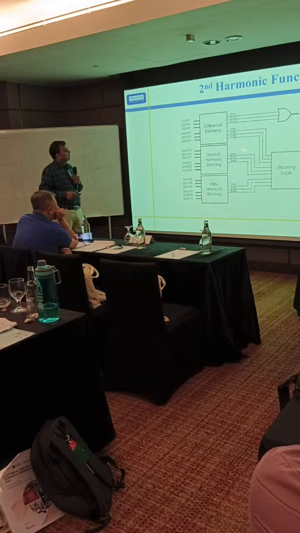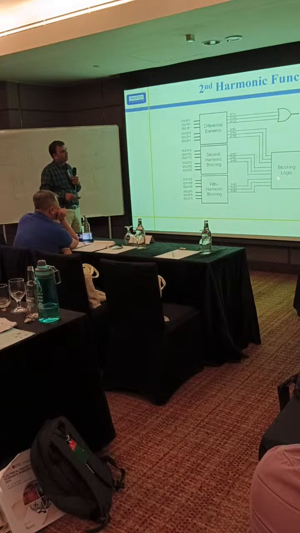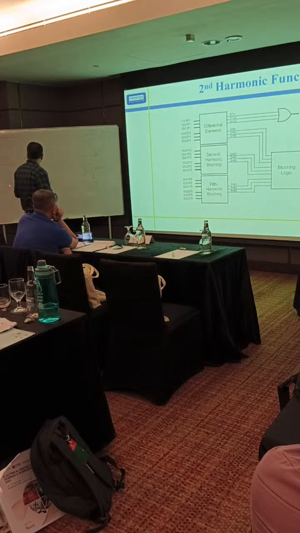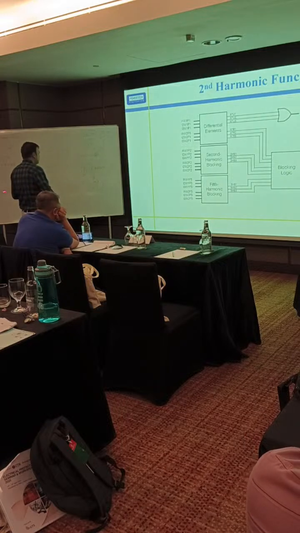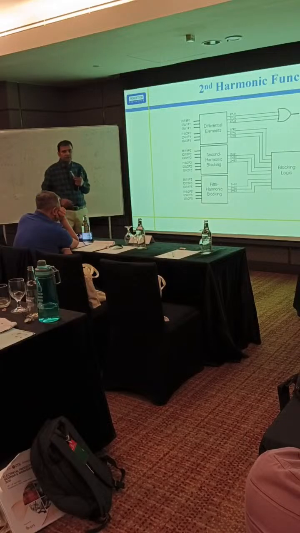Okay, so restraint current is from here, and second harmonic blocking, fifth harmonic blocking, these are all combined as per the logic, and give the restraint trip command in all three slopes. It is clear now?